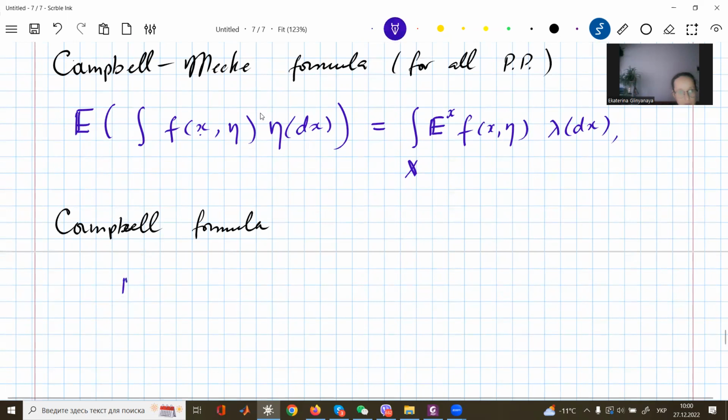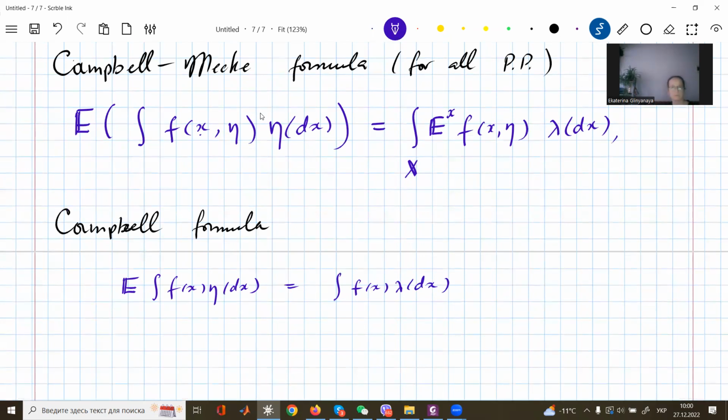I just recall that we can write it as follows. This was just the integral of f of x with respect to intensity, the case when the function f does not depend on the second variable.